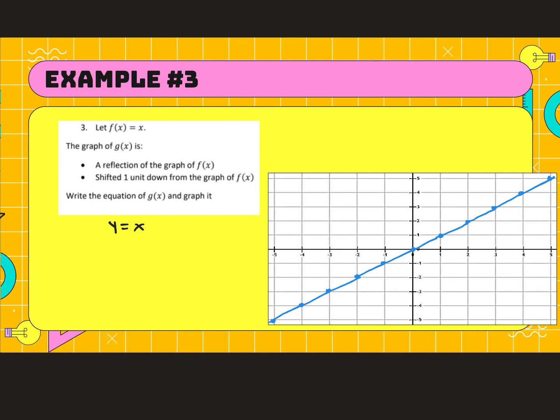All right, now we see that it is a reflection of the graph of f of x, and it is shifted down 1 unit from the graph.